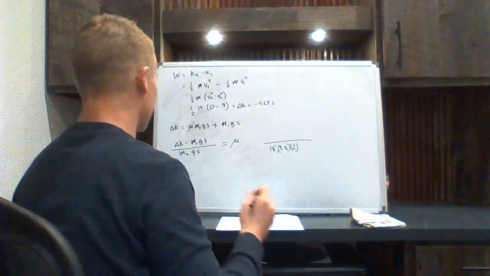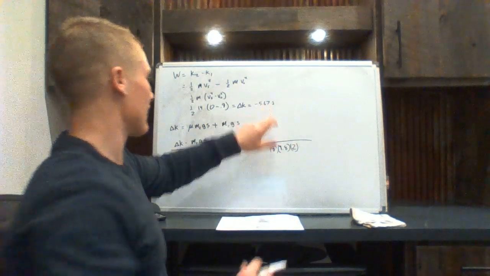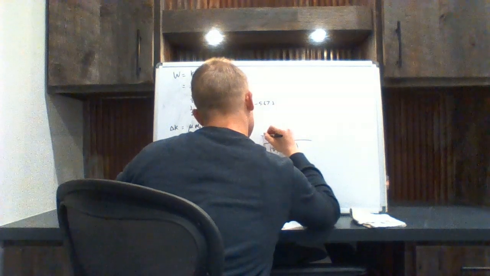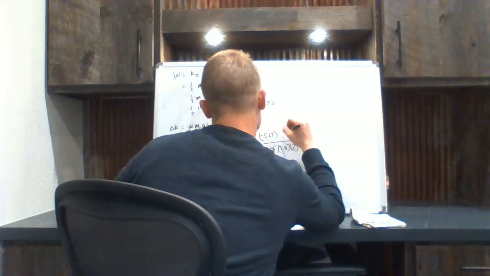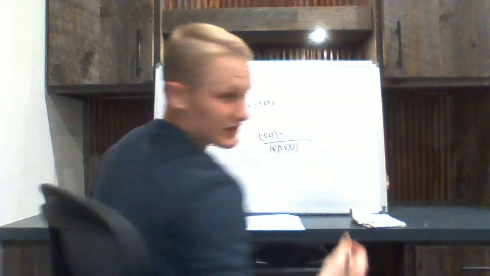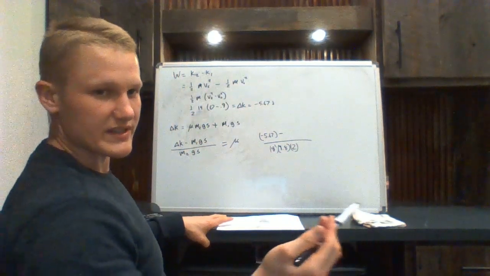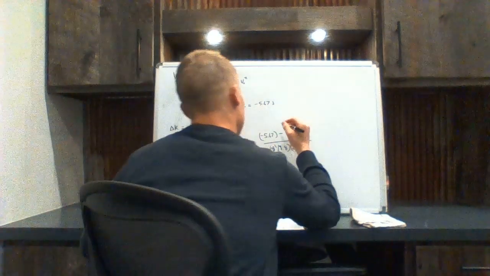And we're going to have our delta K, which we just found, which is negative 5.67. Subtract mass 1, which is 6, and then again our 9.8 and 2.